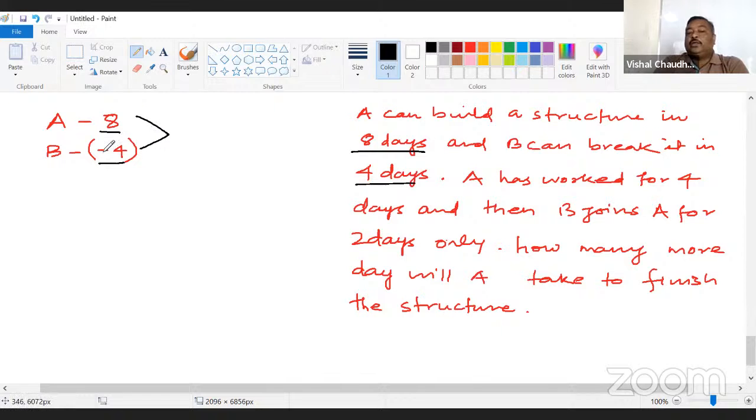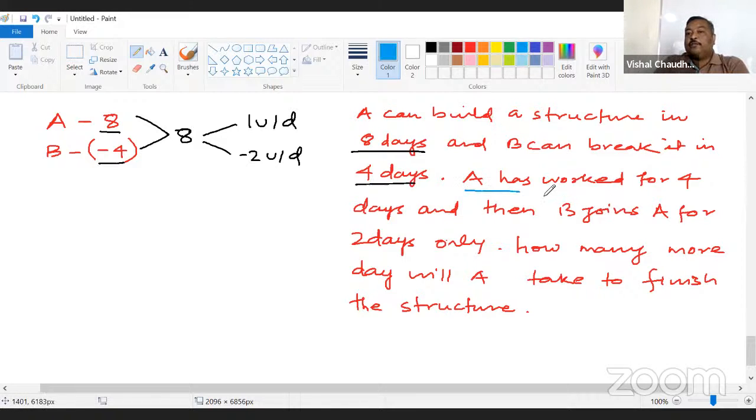Again, don't consider it as -4, consider it as a unit only. Don't consider the sign. 8, 4. So your LCM will be 8. 8 divided by 8 is 1 unit per day he is doing. And 8 divided by -4 is -2 units per day B is doing.